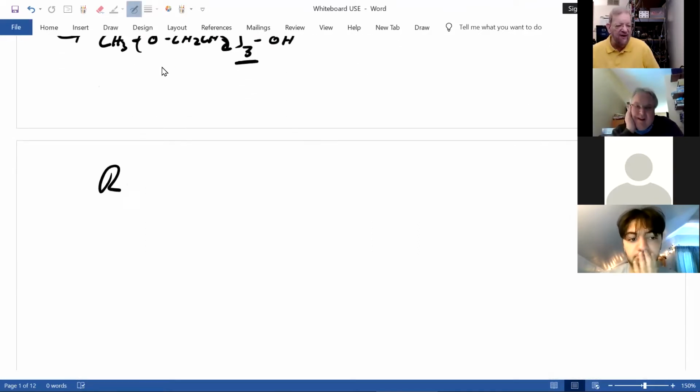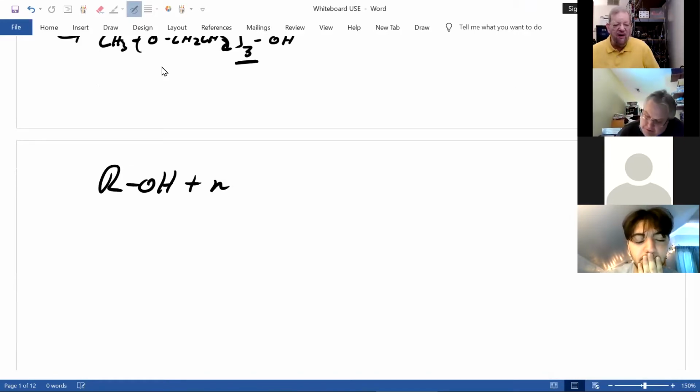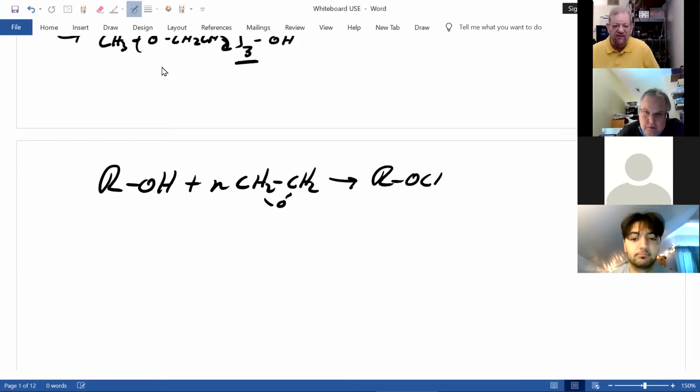If I have an alcohol and react it with N moles of ethylene oxide, or molecules, remember mole is the counting unit of chemists, what do you get? This polyether alcohol.